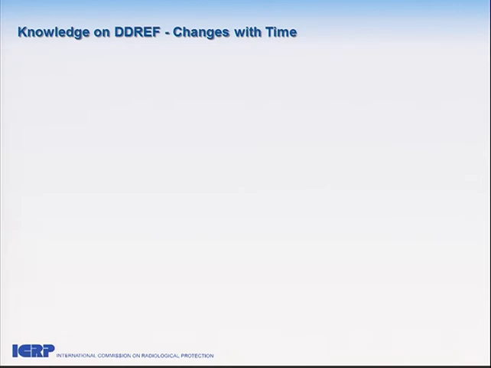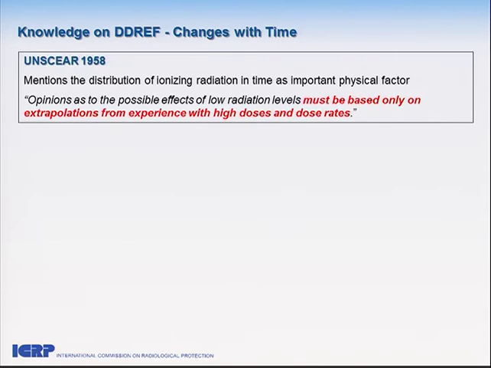Okay, so what do we know about DDREF? And I looked through the UNSCEAR reports, what the UNSCEAR reports historically say about this topic. And let's start with report number 1 from 1958. And there the report mentions opinions as to the possible effects of low radiation levels must be based only on extrapolations from experience with high dose and high dose rates.